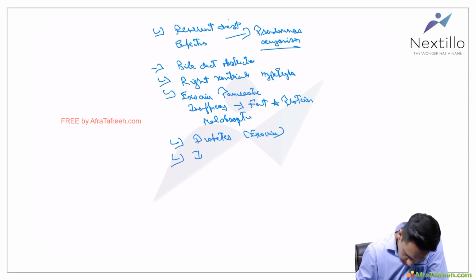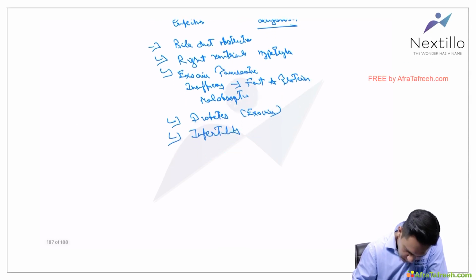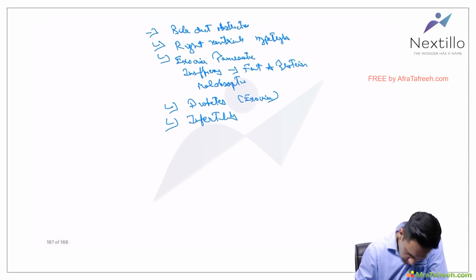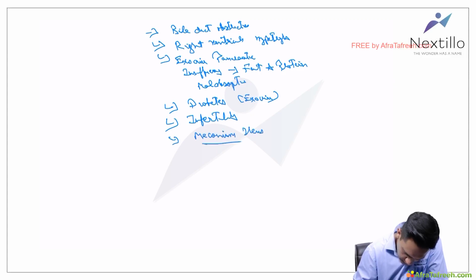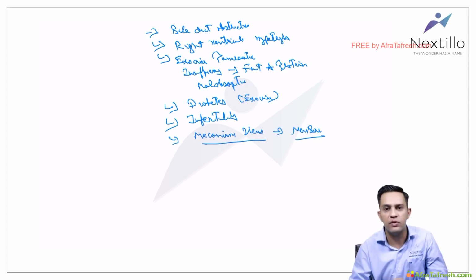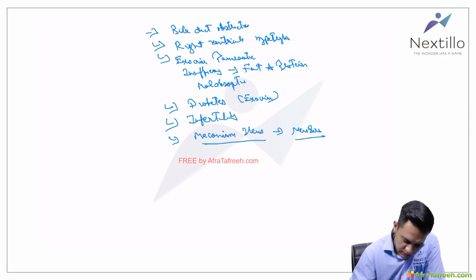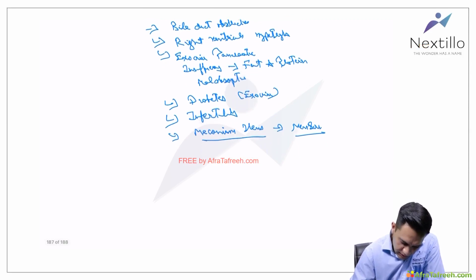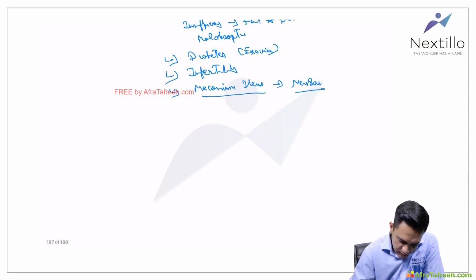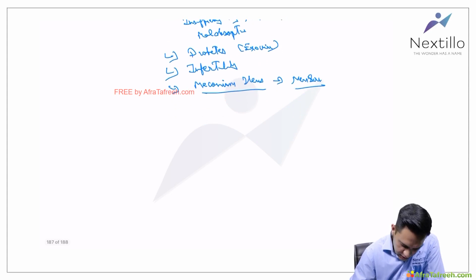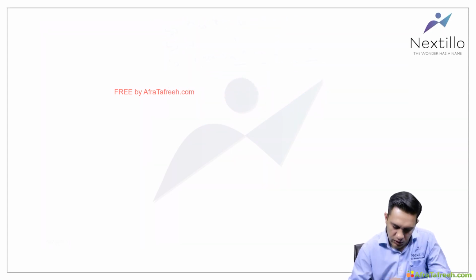There can be infertility. And there can be meconium ileus in the newborns. It can be a primary manifestation in the newborns, the meconium ileus. So these are all the clinical features. So how do you diagnose it?